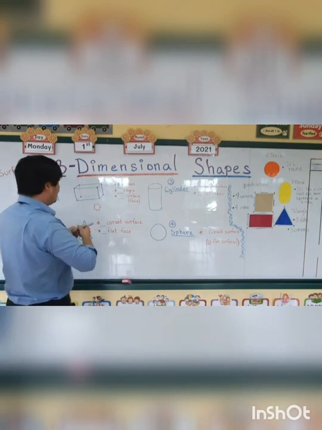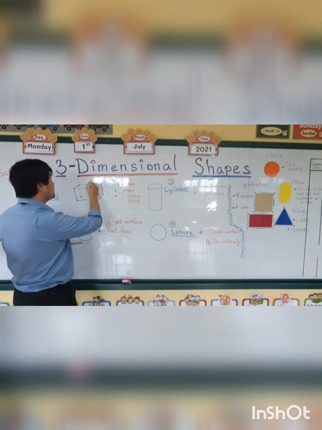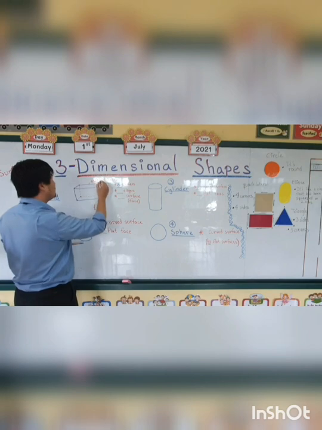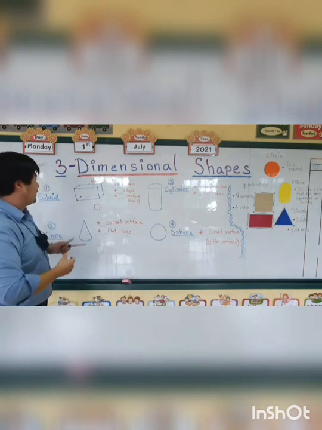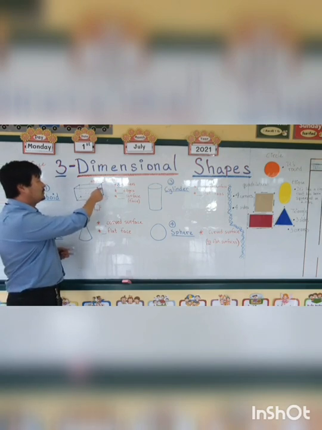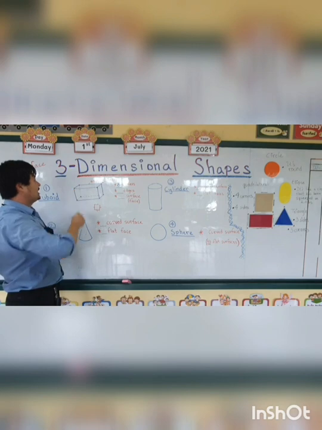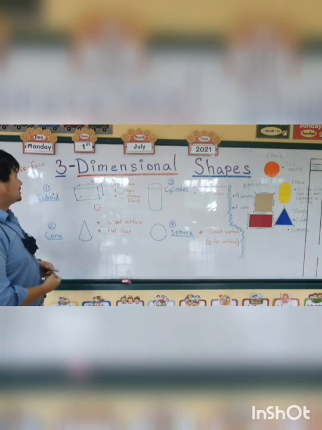So, let's write corners. This is a corner here. Corner. And then this is an edge. Edge. Okay. So how many edges? Let's count them. 1, 2, 3, 4, 5, 6, 7, 8, 9. 9 edges.